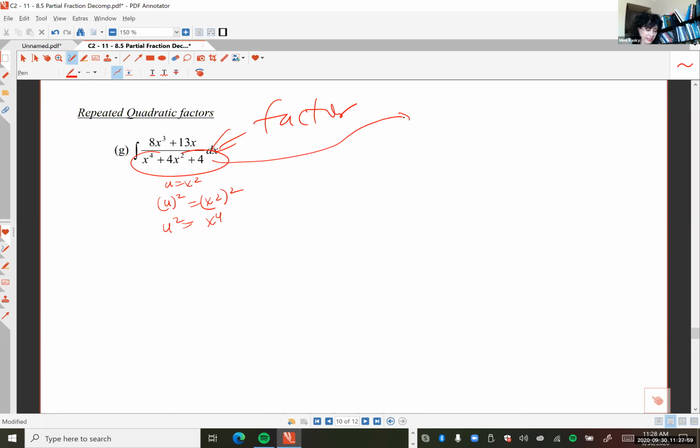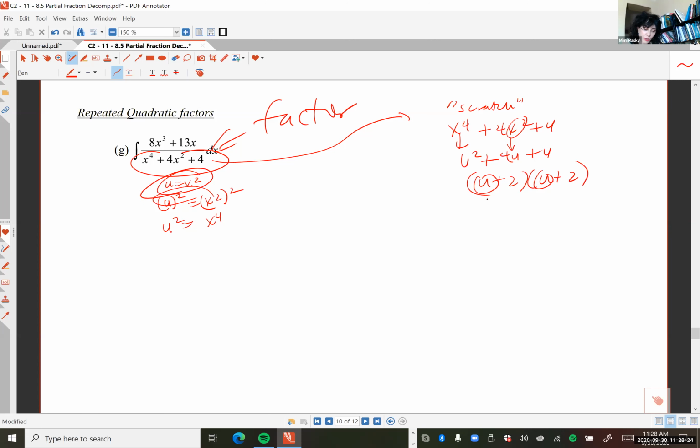So this polynomial x to the 4th plus 4x squared plus 4, if you replace x squared with u and x to the 4th with u squared, now it's an easy 2nd degree polynomial that you probably can factor upon inspection. And then back substitute. What was our u in the first place? It was x squared.